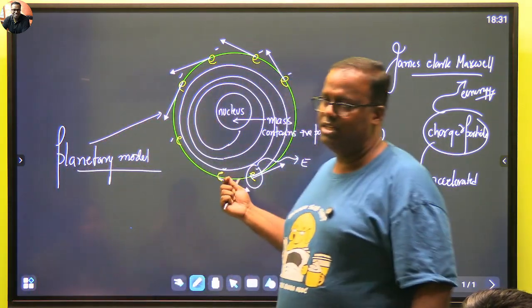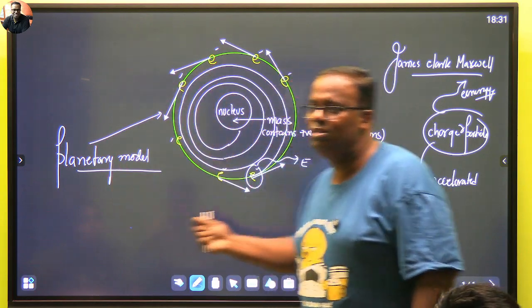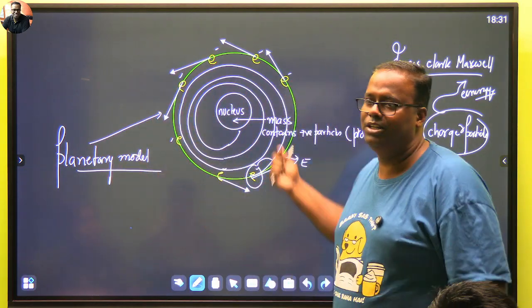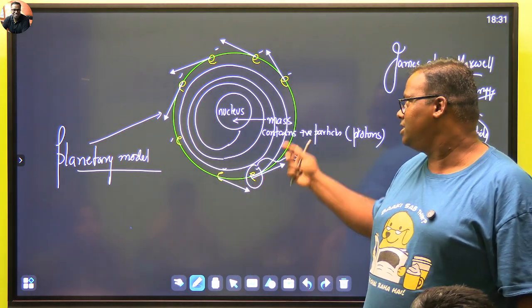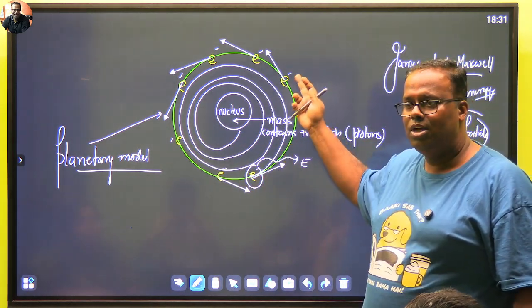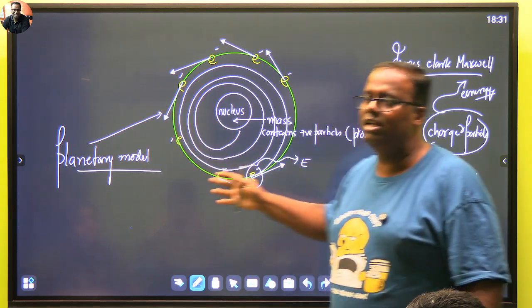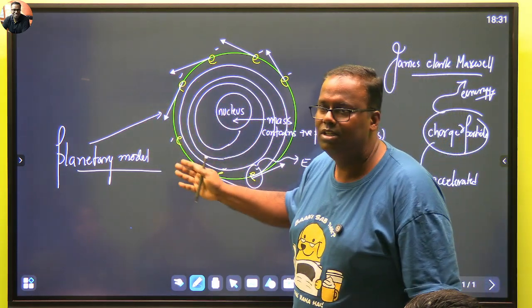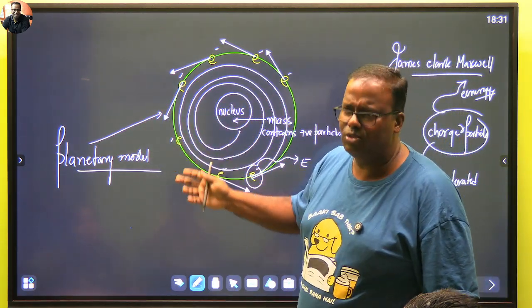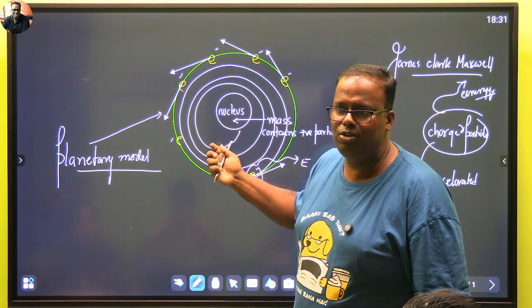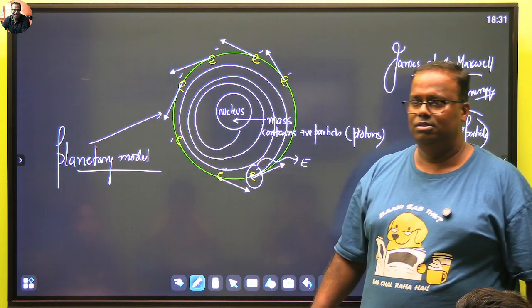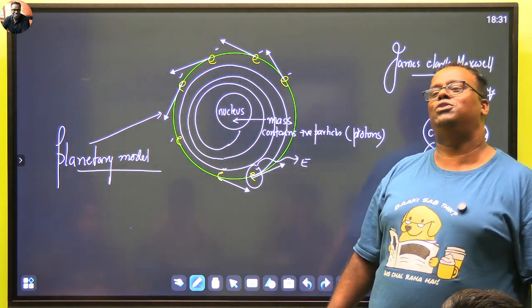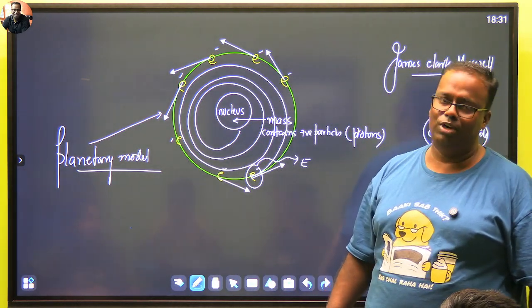Electron is a charged entity, and a circular motion is always an accelerated motion. So electron is accelerated. If the electron is accelerated, it should also lose energy. All the electrons should lose energy, and rather than staying on their orbit, they slowly कमजोर होता जाएगा ना. So they will be pulled by the nucleus, and the atom as such should collapse. So Rutherford's model also went for a toss.